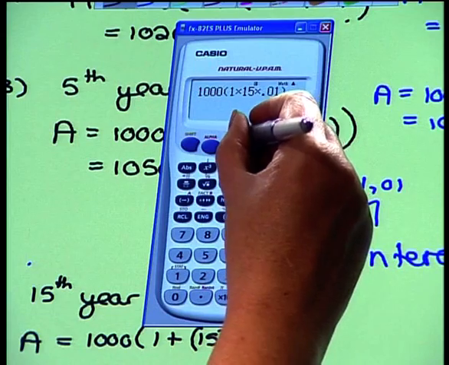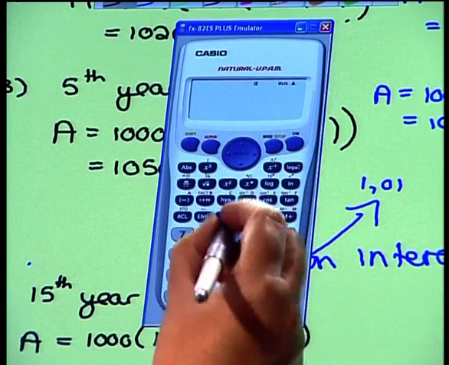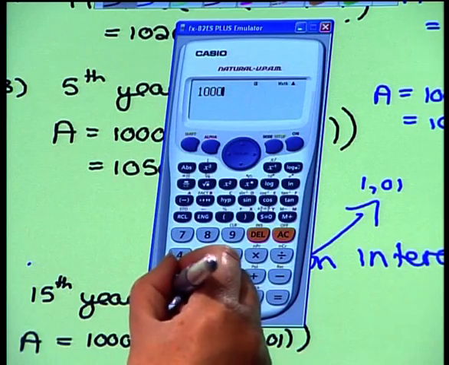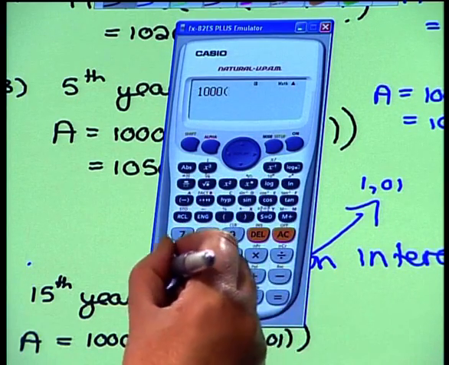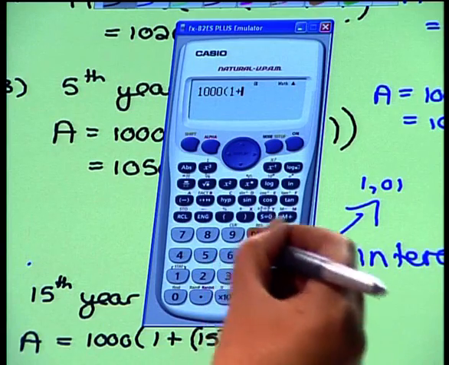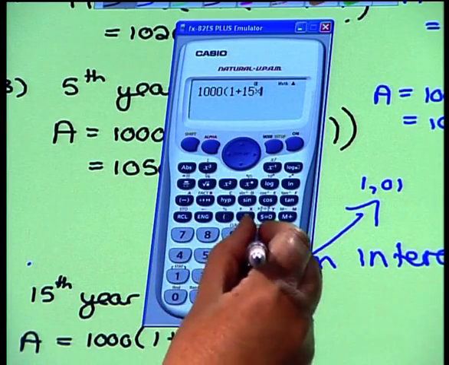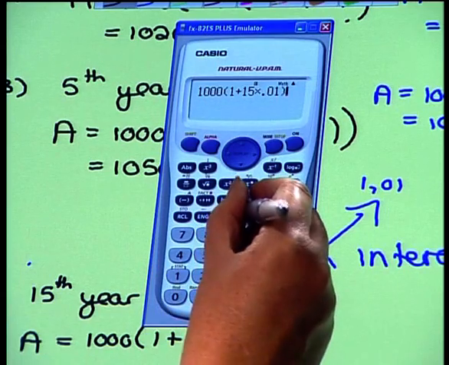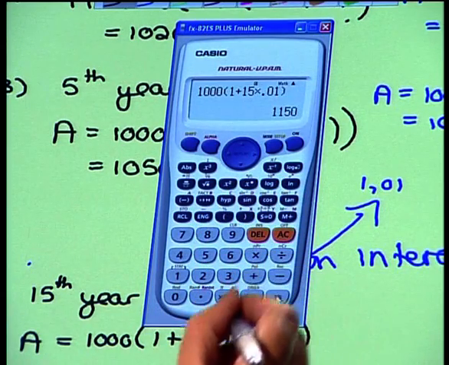Let's take it up to the top. In fact, let's just clear it and put it in again. So we're going to go 1,000, open the brackets, 1 plus 15 times 0.01, close the brackets, and press equals. Yeah, there it is.